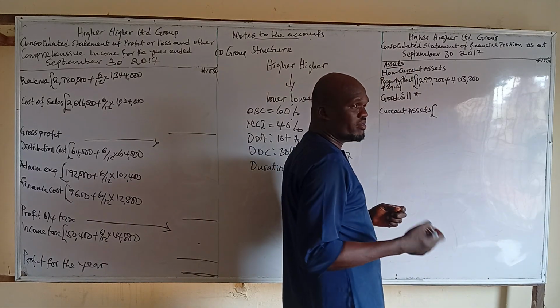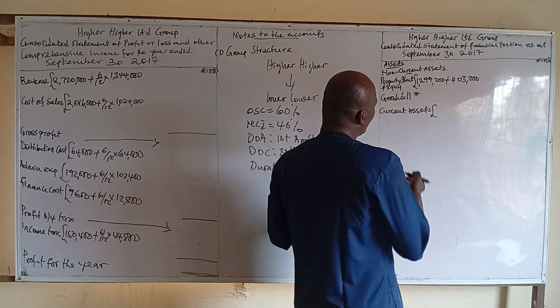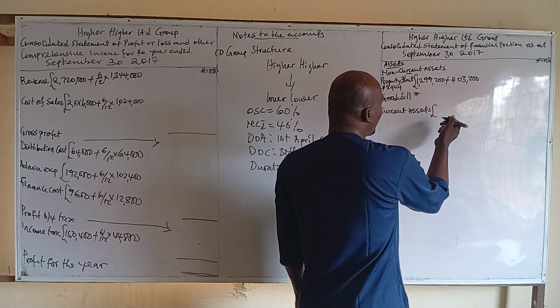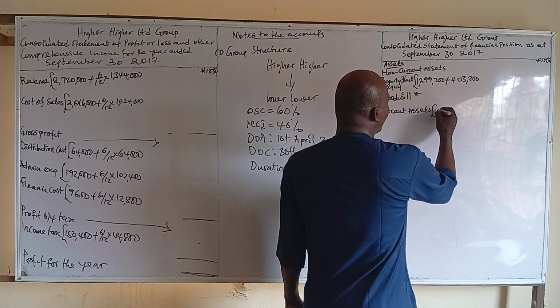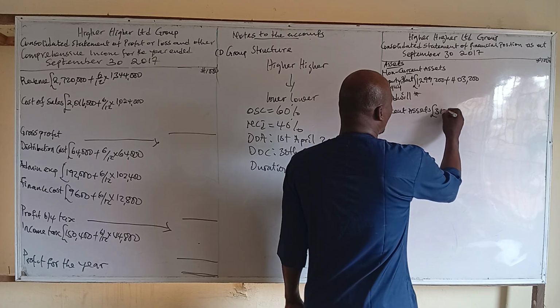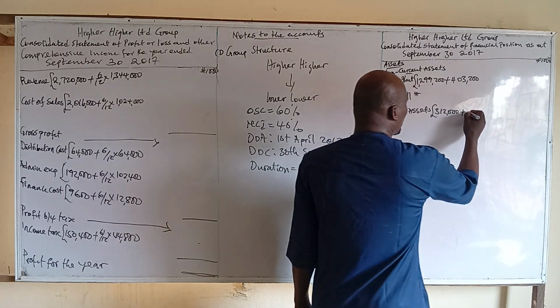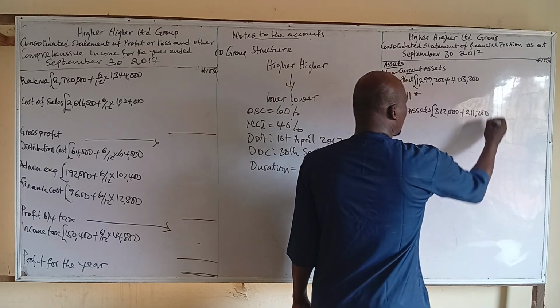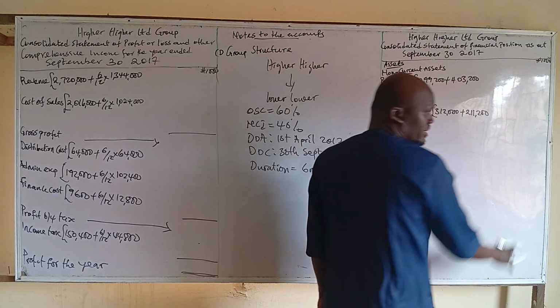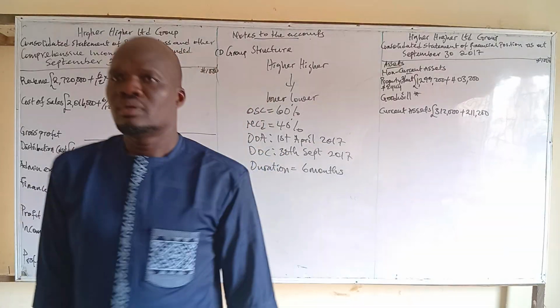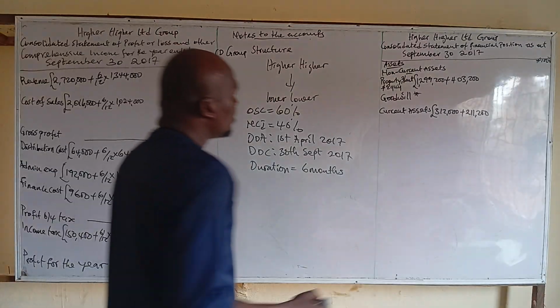There is also a short-term investment, you can have it here. The figures are 512,000 and 211,200. Please always leave a space here for the total figure. So we are done with that.